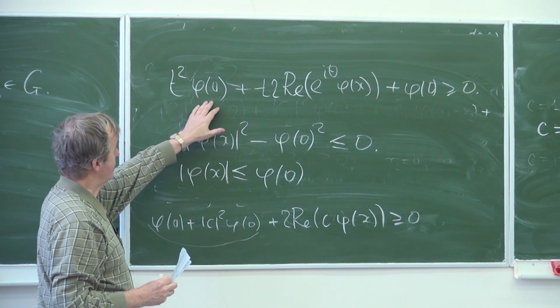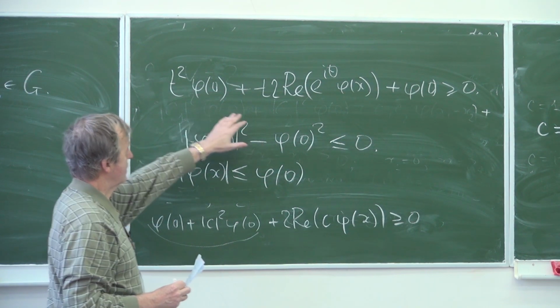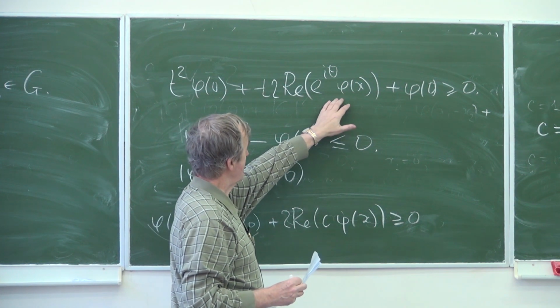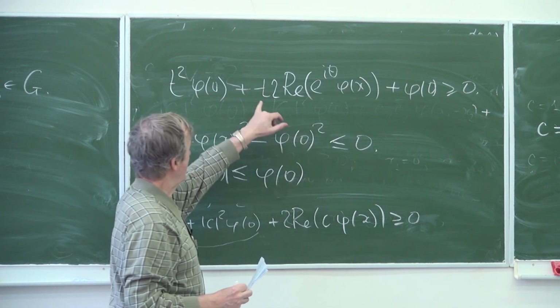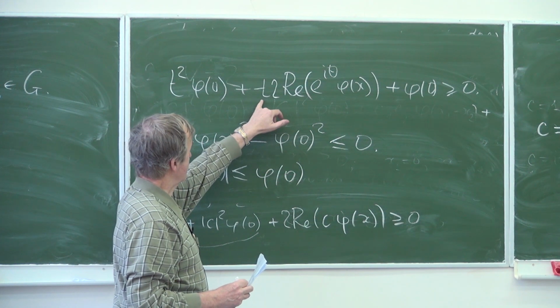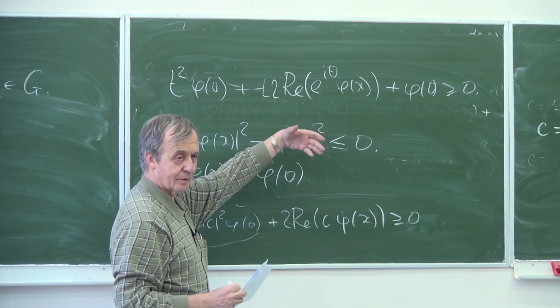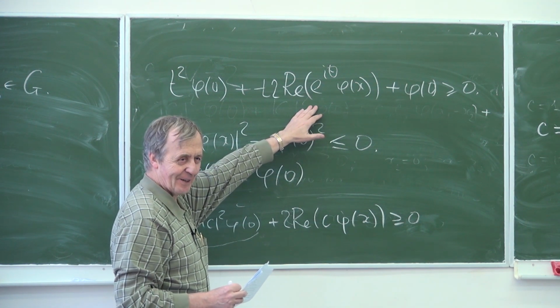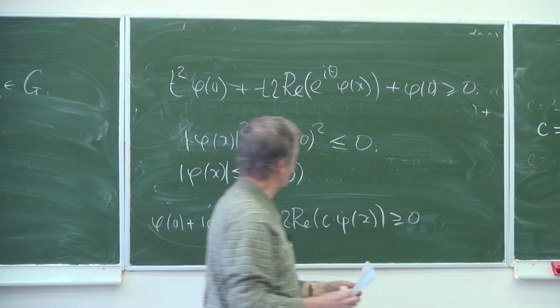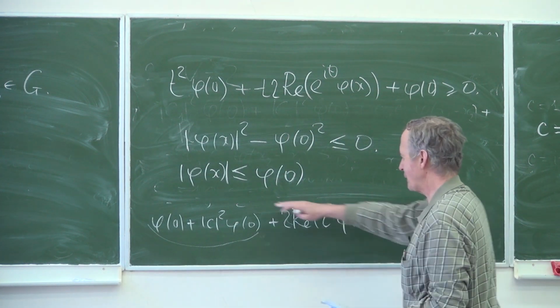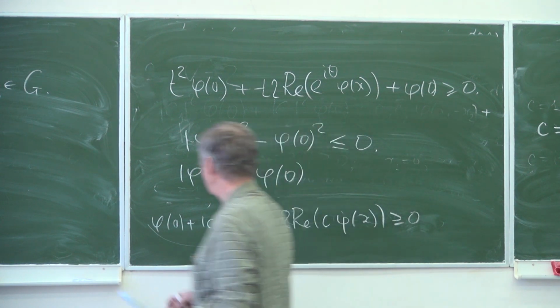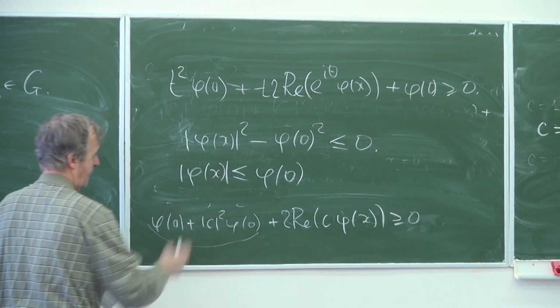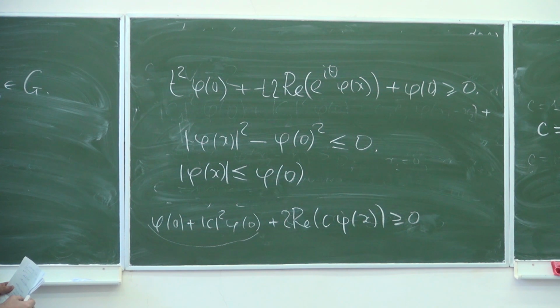But if f of 0 is 0, then phi is identically equal to 0, because then this linear function cannot be sign preserving unless this coefficient is equal to 0. Okay. So in any case, we have this inequality, and it follows that this function phi is bounded. In any case, it is bounded, and phi of 0 is the greatest value.